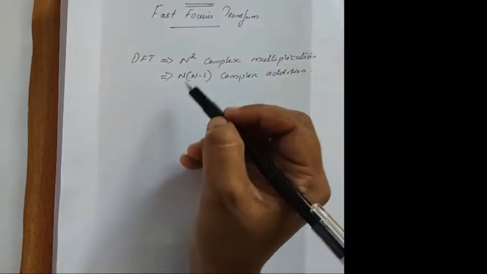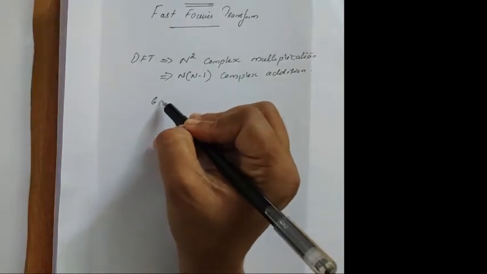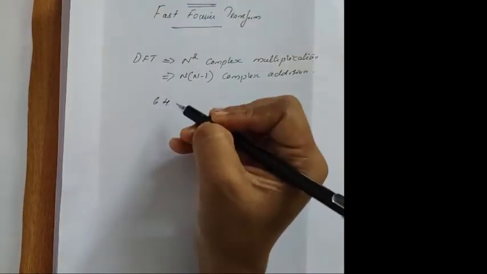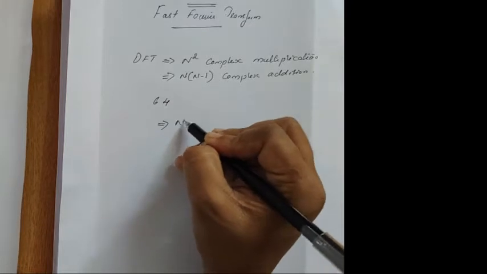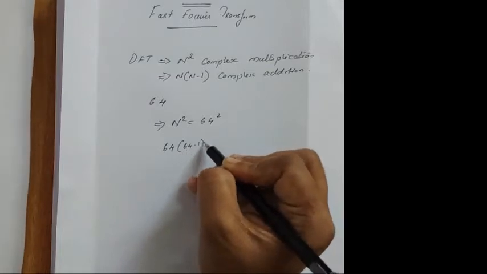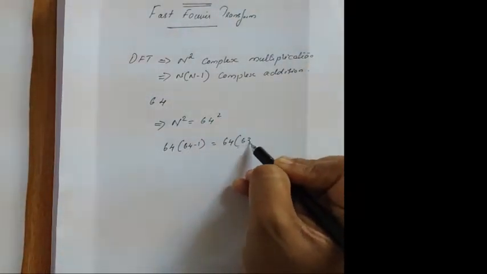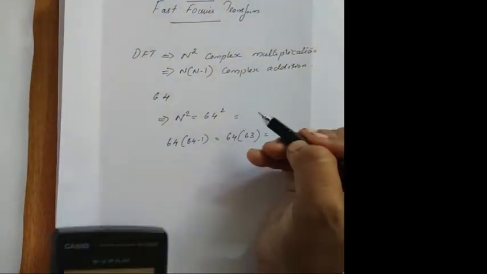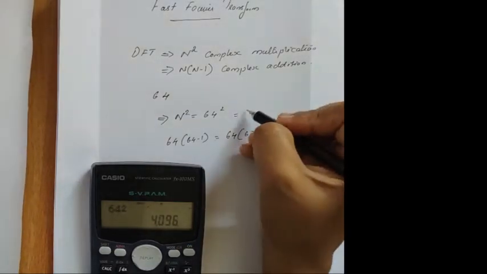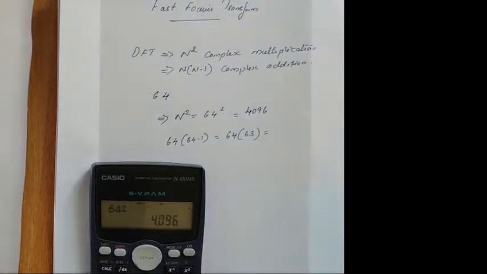For example, for a 64 point DFT, multiplication is n square, which is 64 square, and additions are 64 into 64 minus 1, that is 64 into 63. You will get 4096 complex multiplications, and 64 into 63 gives 4032 complex additions.